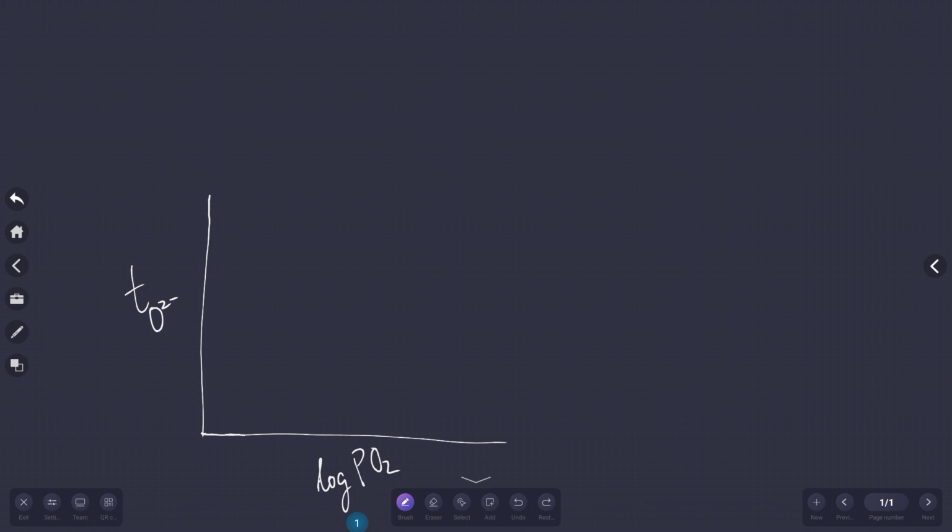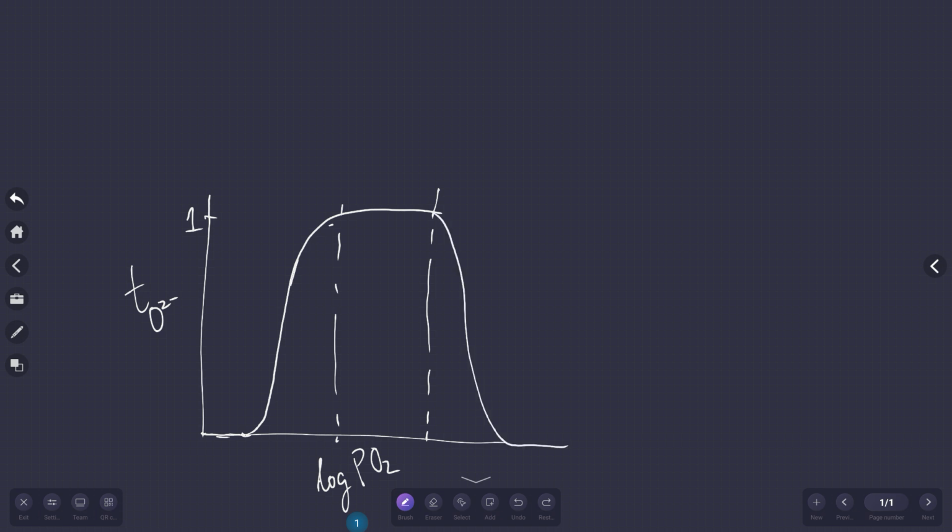So your ionic transference number will keep on rising. And eventually when you move to the flat region, so this is n-type, mixed, ionic, this will be practically 1. And then on the other side it will go to mixed and to p-type.